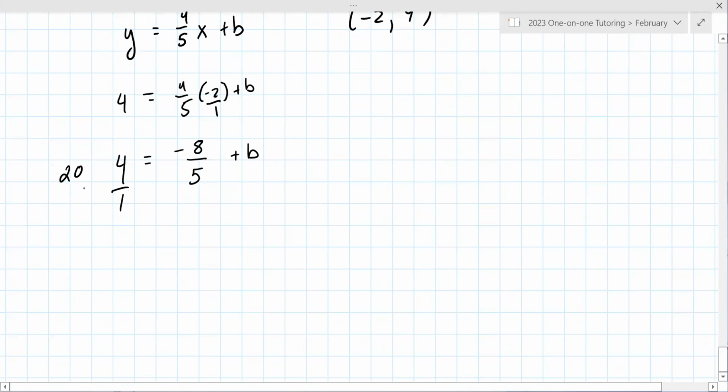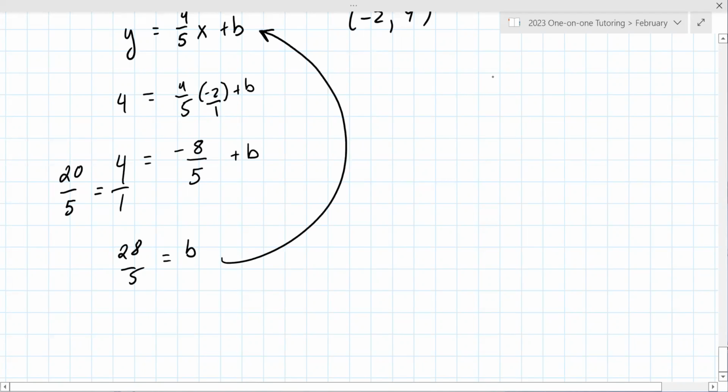So you really want to make this into 20 over 5. Because when you add 8/5, you're going to get 28/5 equals b, and you really want to not be messing around with fractions if you can. That goes back into this line right here. Always substitute back: y equals 4/5 x plus 28/5.